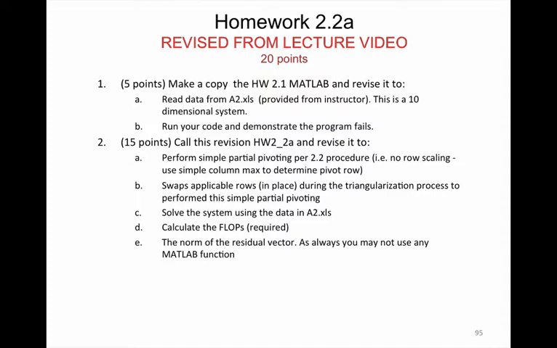And now you need to employ in 2.2a this simple partial pivoting per the procedure that's well documented in 2.2. Now, if you've read ahead within 2.2 a bit, you'll see that something's coming called row scaling, and we're not going to do that. We're only going to use column-oriented manipulations to determine how we choose our pivot row. Remember, the pivot row is that row that you're going to treat as the kind of like the upper left-hand corner of the section that you're working on.